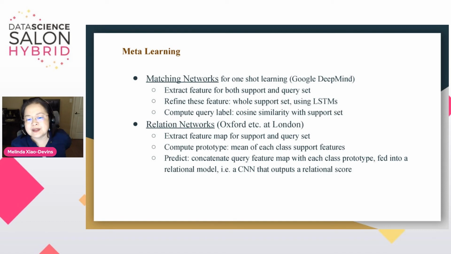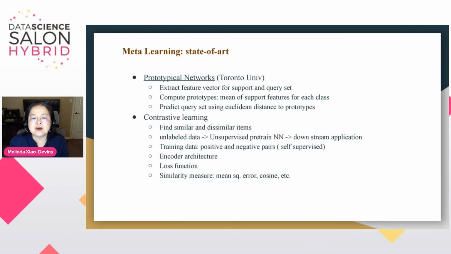The prototype is a mean of each class's support features. Then the prediction is to concatenate the query feature map with each class prototype feature map and feed it into a relational model. The relation model can output a relational score. And that's a relation network.